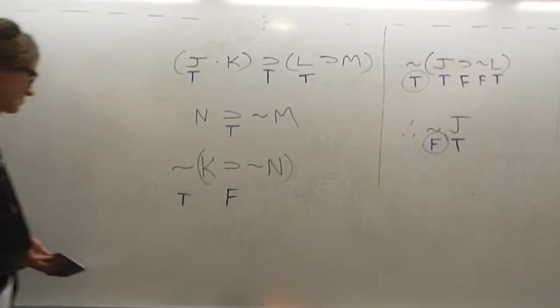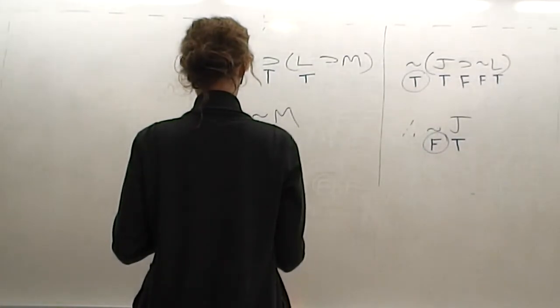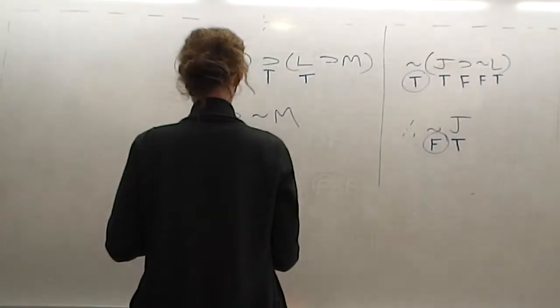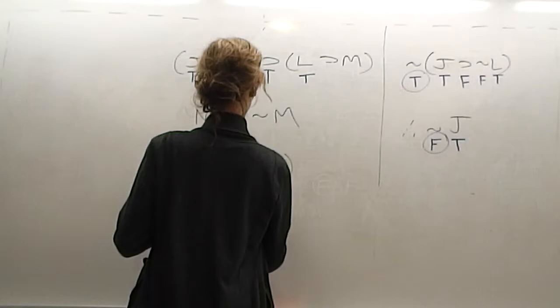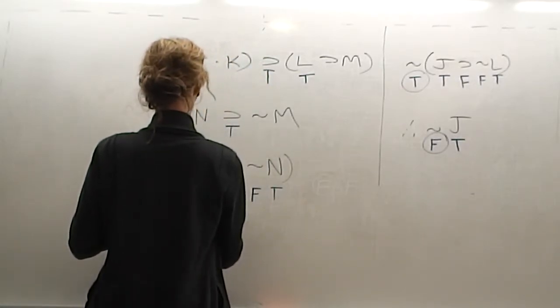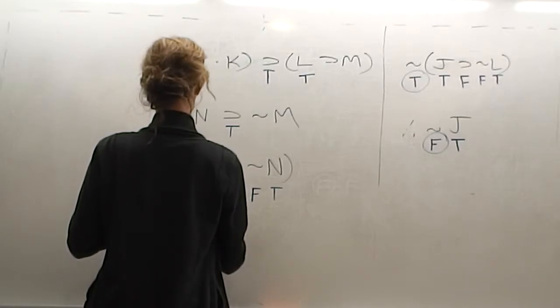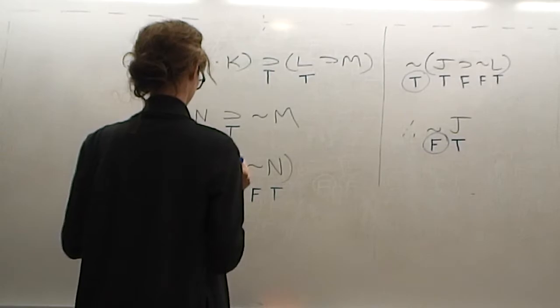Noting that the negation of the horseshoe is true, that horseshoe has to be false, and that opens up that premise. Take that T away from under the N for a moment.